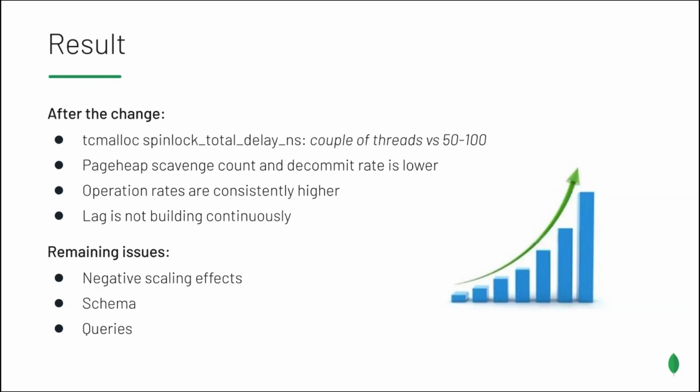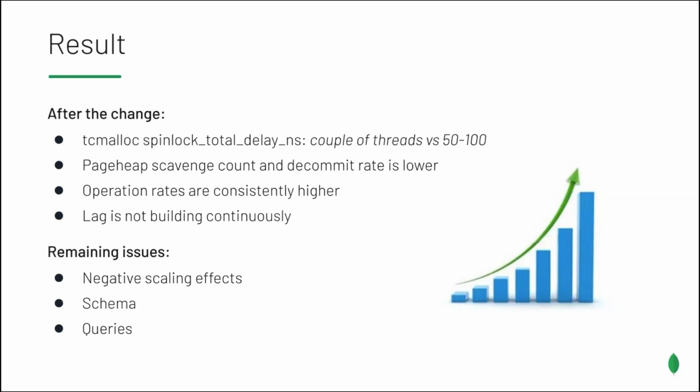The operation rate, which is the reads and writes, is consistently higher, 2 to 3K per second. Before the change, operation rates started at that level, then tailed off as spinlock and lag built. Lag is not building continuously now. There are, however, still occasional lag spikes.